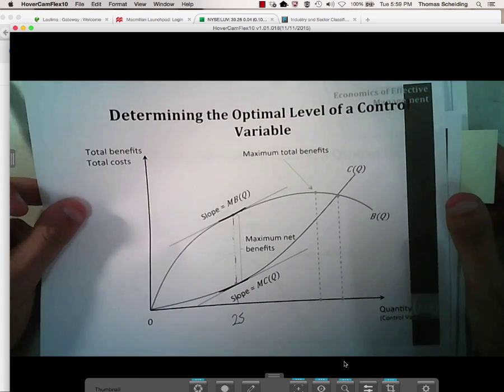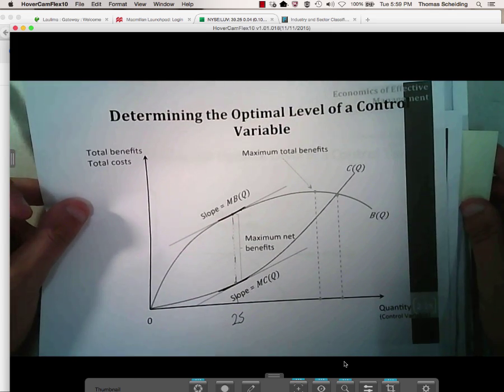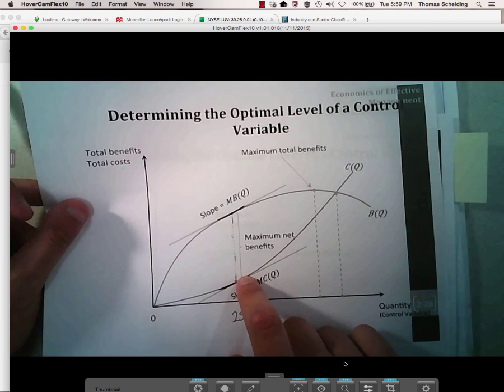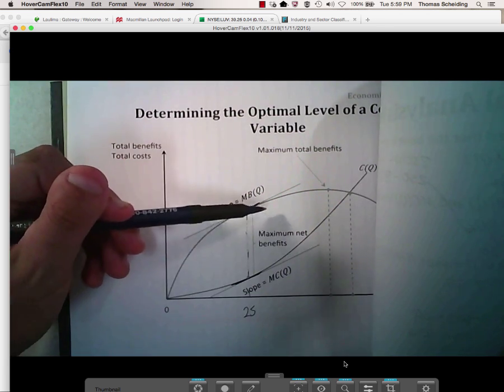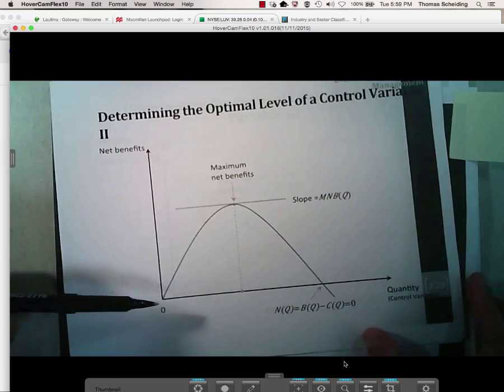And you see that on slide 29, I guess, if you're putting it together with slide 29. If I plot out the magnitude of these slopes, you'll see that the difference in the benefits is very small, it gets larger and larger, then gets smaller and smaller, and you see that right here.